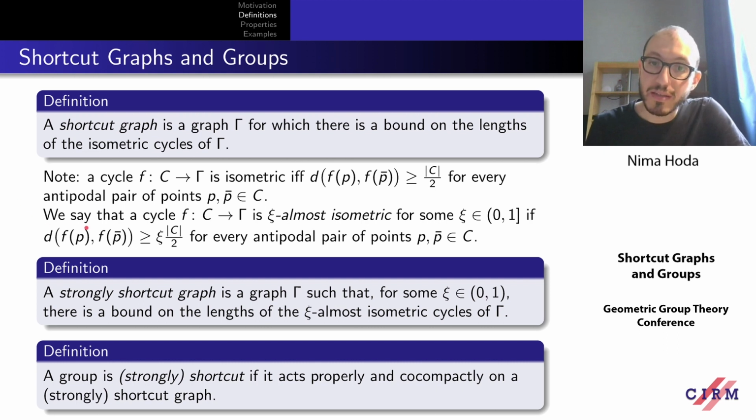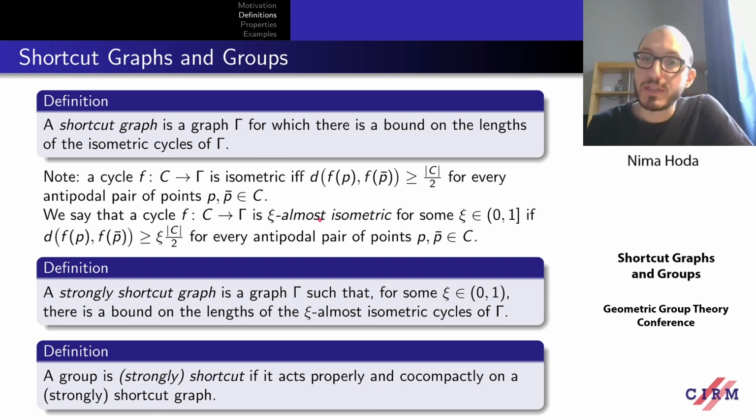We're going to say that a cycle is psi almost isometric for some psi between 0 and 1 if for any pair of antipodal points, P and P bar, their distance in the graph is at least psi times half the length of the cycle.